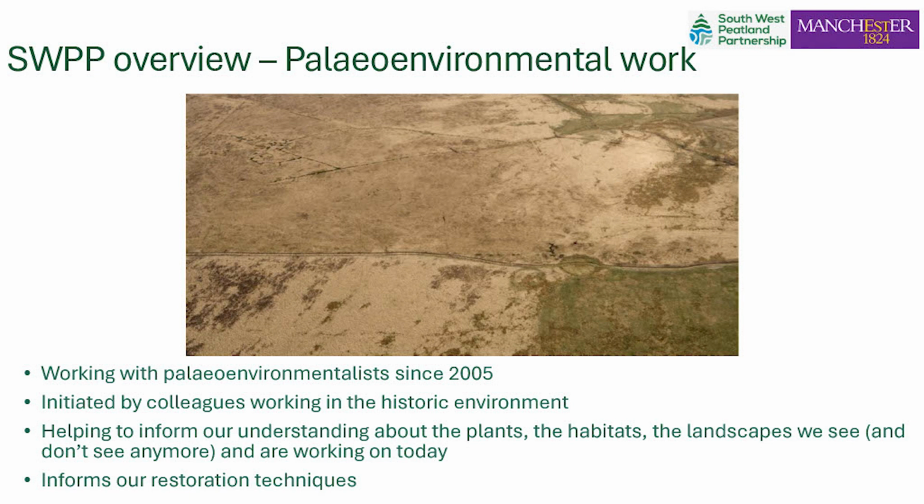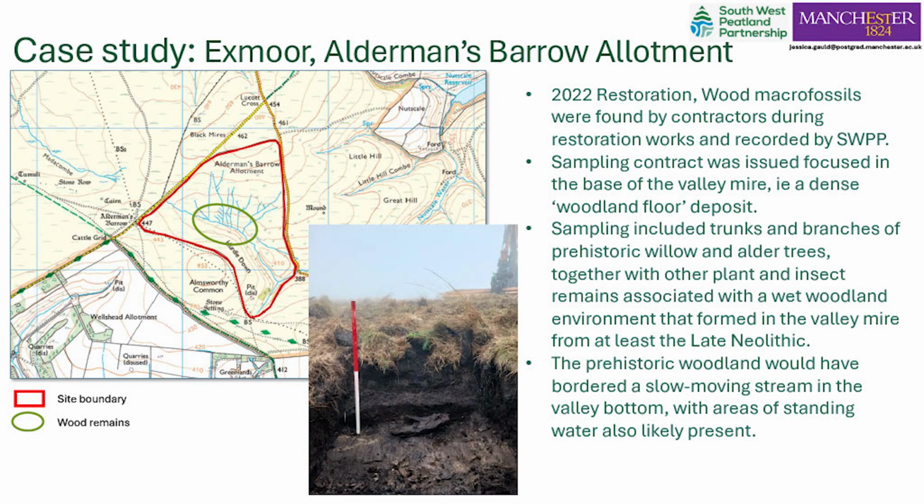So it's giving us that insight and evidence to say, okay, there's a reason why this habitat is like that. I know there are lots of other land management issues happening, but it's really giving us that insight into it. And then, ultimately, it's informing our restoration methods and techniques that we are using on the ground.